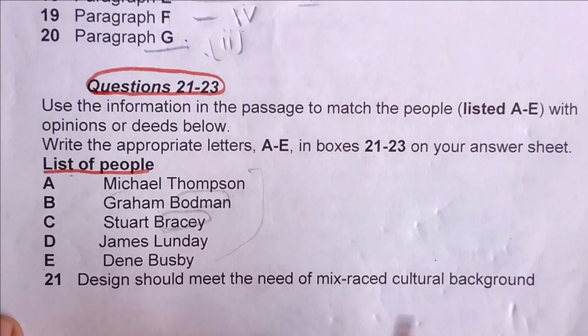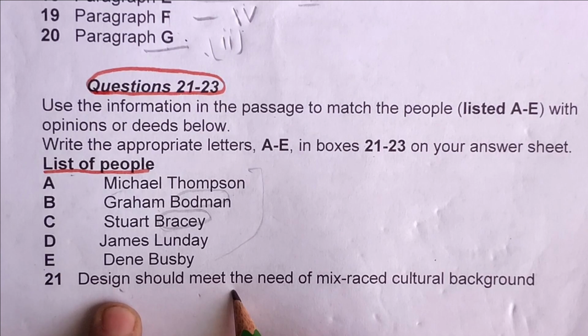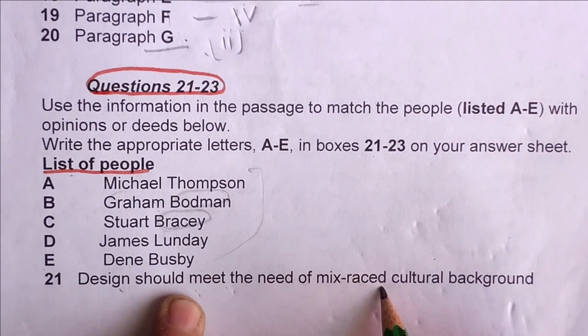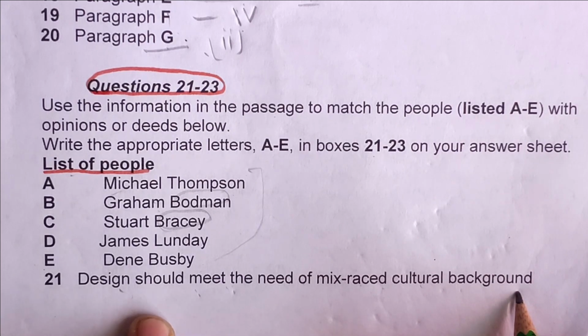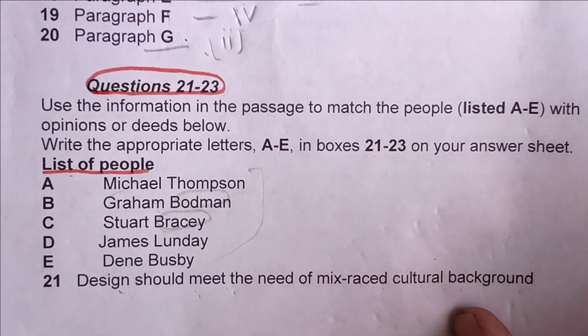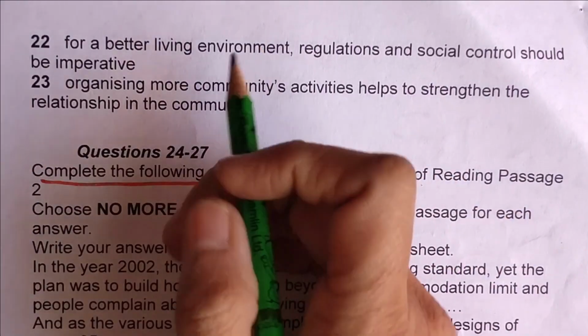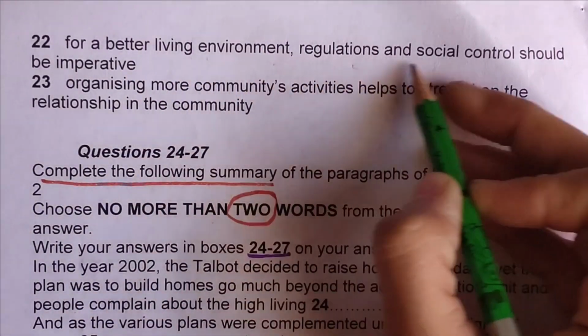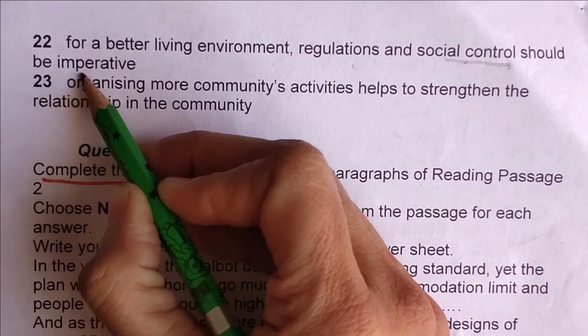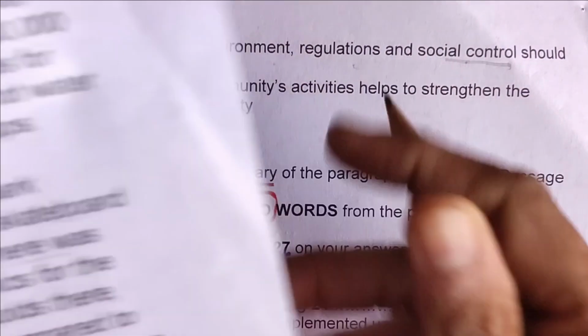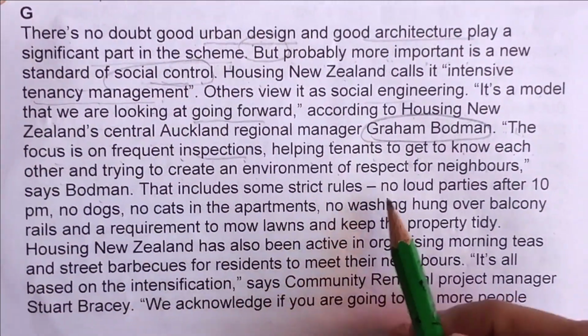So let's read the options. Design should meet the need of mixed race cultural background. No, let's read the other options. For a better living environment, regulation, social control should be imperative. Yes, it was given here, you can see.